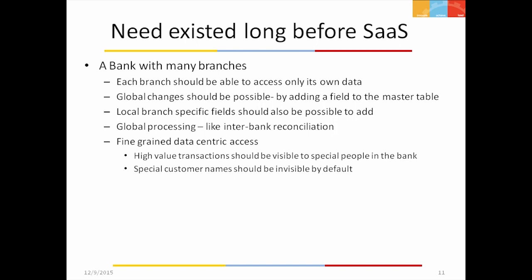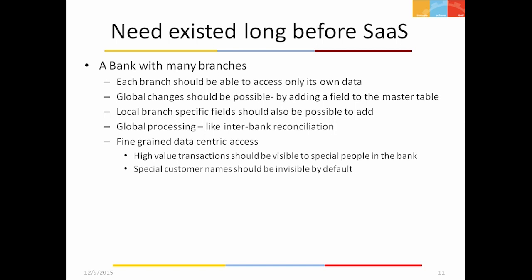So while on one hand I should be able to add local branch-specific data, on the other hand, at a bank level, some global changes should also be possible. Global processing like interbank reconciliation should be possible, and sometimes fine-grained data-centric access policies can be implemented.